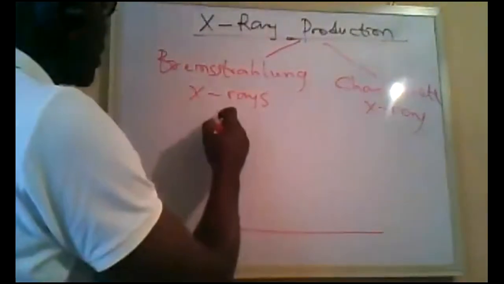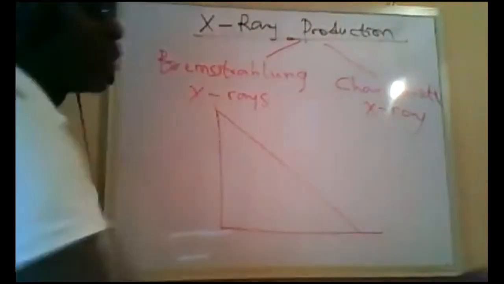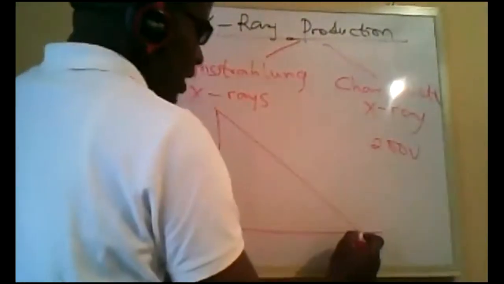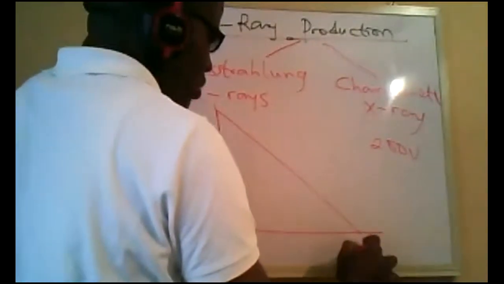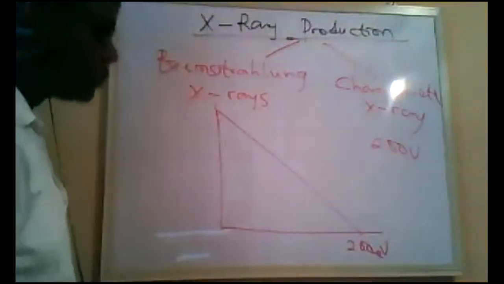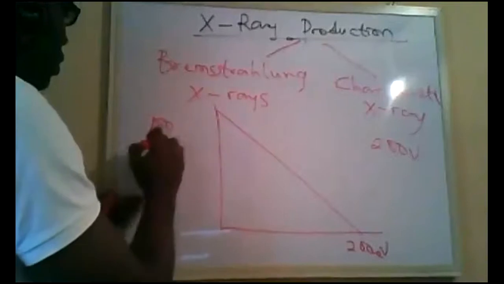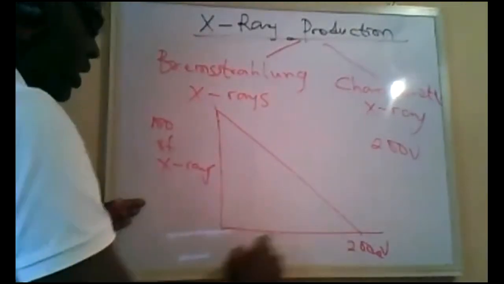So the spectrum for the Bremsstrahlung is actually this way. Assuming we are operating at 200 volts, the maximal energy of the X-ray will be 200 electron volts. This is the number of X-rays, and this is the energy.